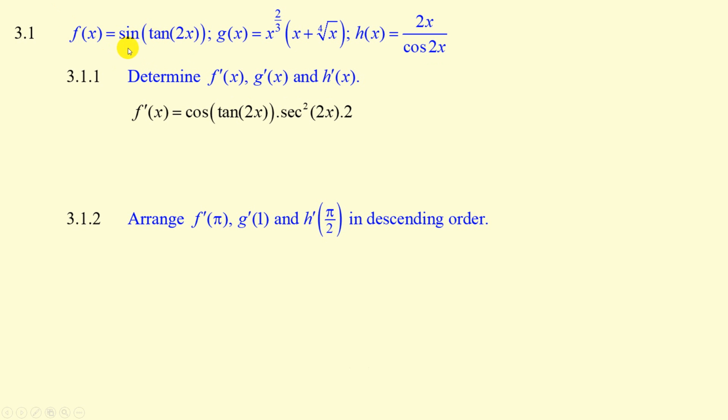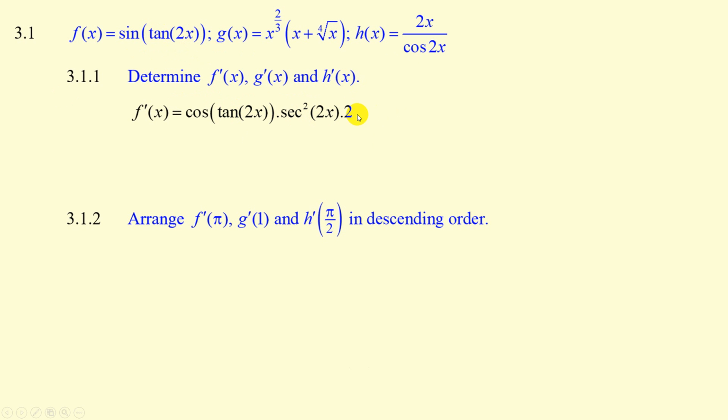So we have outside sine, inside tan. Derivative of sine is cos, derivative of tan is sec squared. So therefore we're going to say cos, and we leave the inside the same. There's the derivative of the outside. Now there's the inside, and that's going to be sec squared of 2x, multiplied by the derivative of 2x, which is 2.